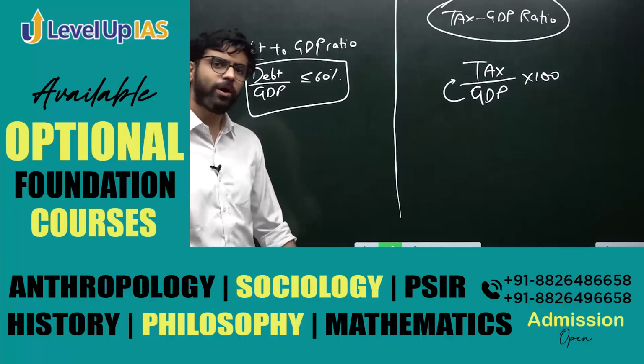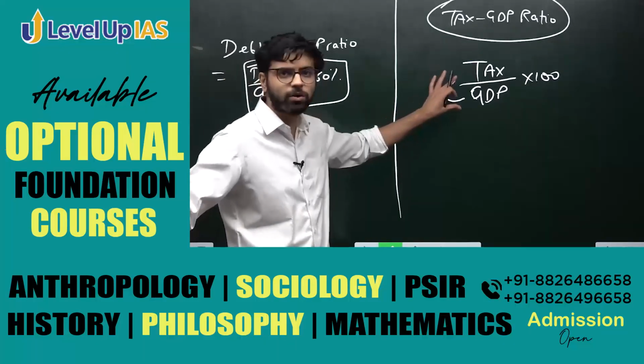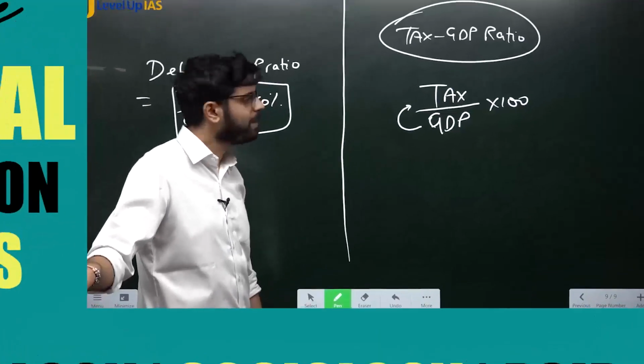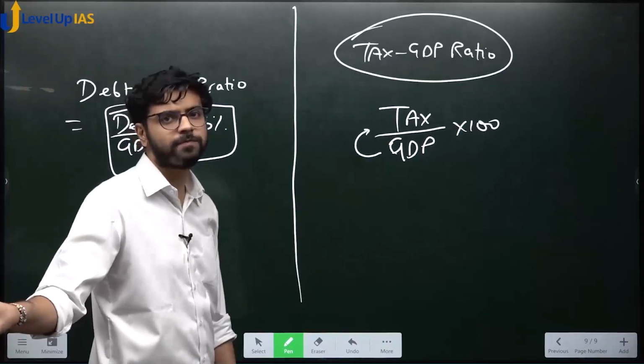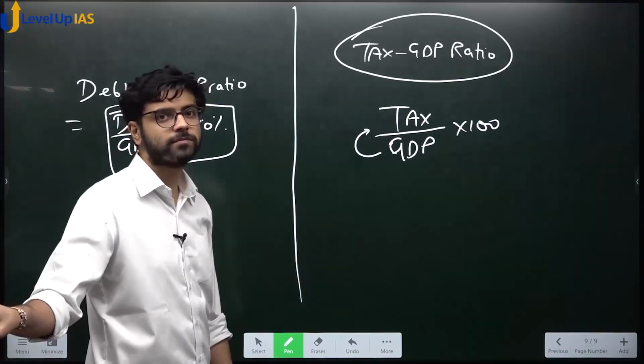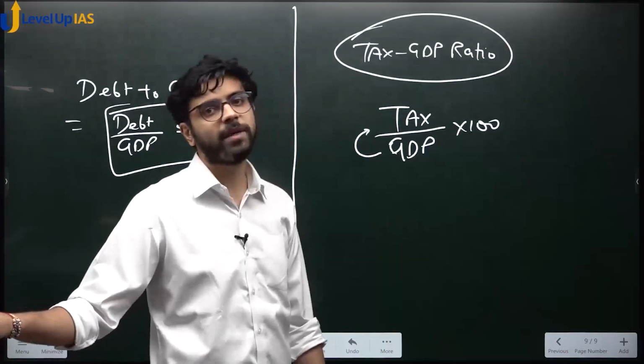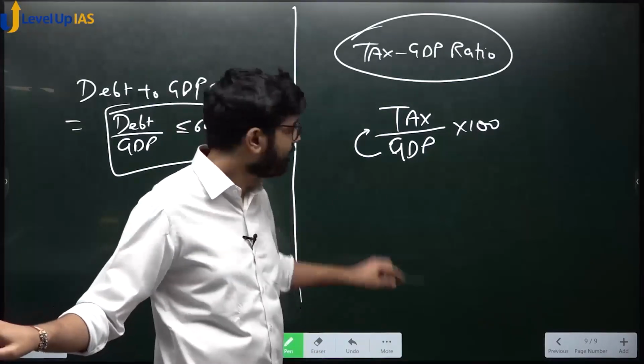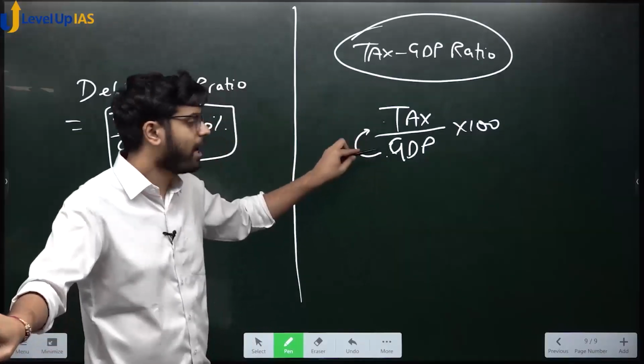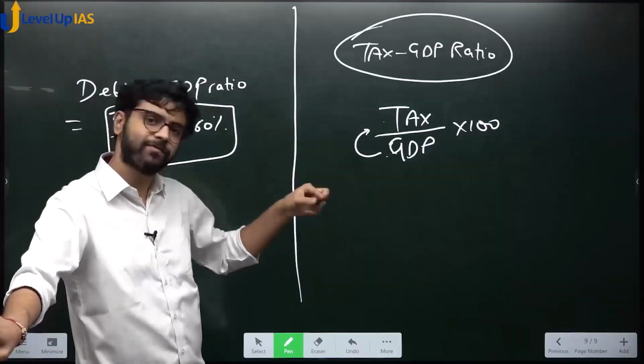Tax to GDP low है आपका, ratio is low. It means your GDP is increasing, but tax नहीं बढ़ रहा है उतना, right? If tax to GDP ratio is very high, what does it mean? It means you are very efficient in your tax collection. 100 rupees GDP, oh, 20 rupees tax, very good.